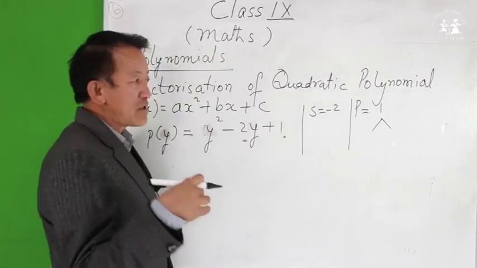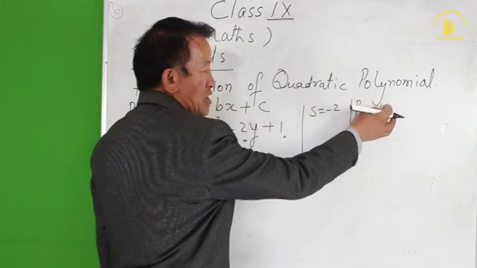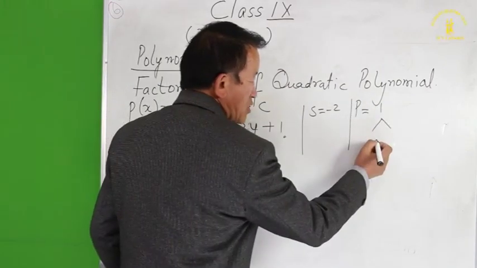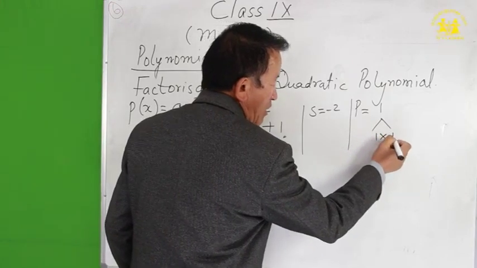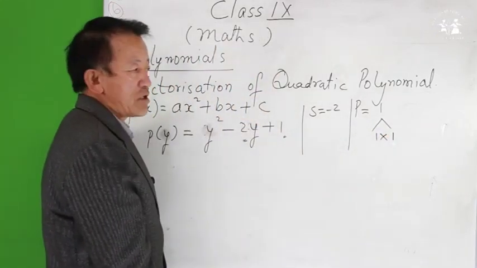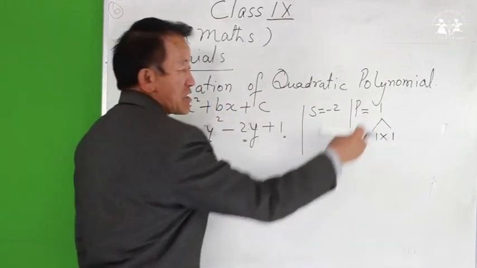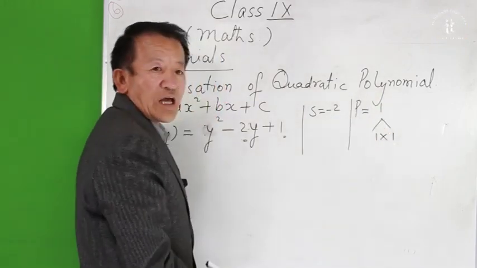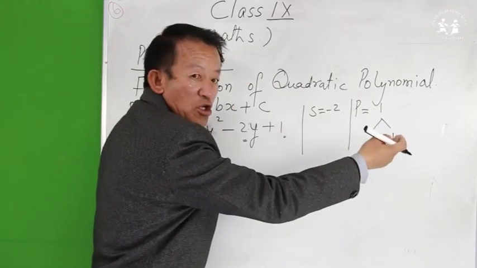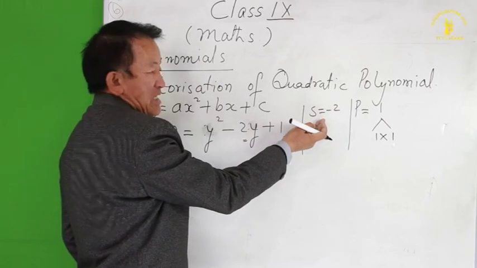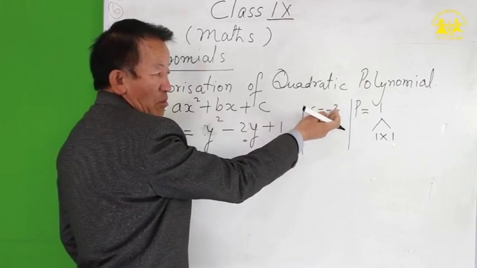So in order to find the two numbers, we shall look at the factors of 1. So we'll have factors of 1: 1 ones are 1. Now, regarding the sign, since the product is positive, both will have same sign. And what sign we should have, we can look at the sign of the sum, minus 2.